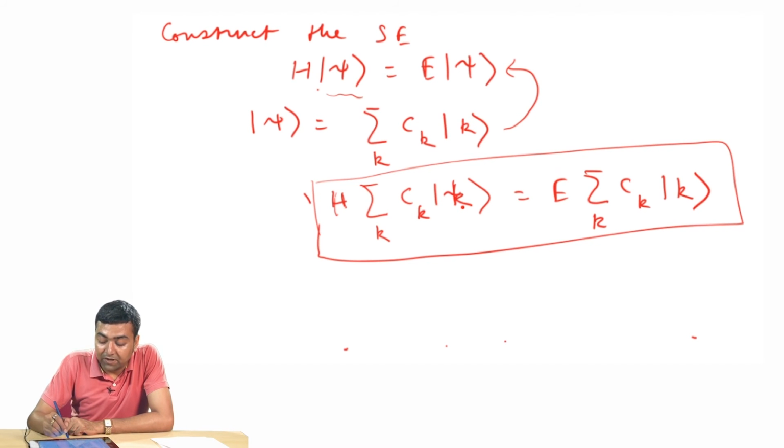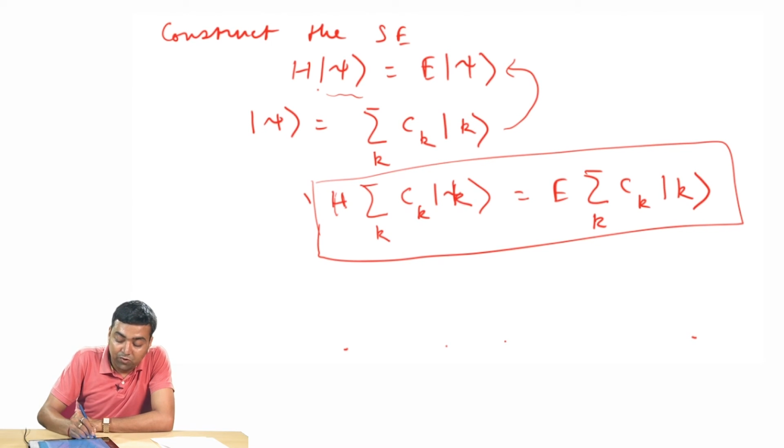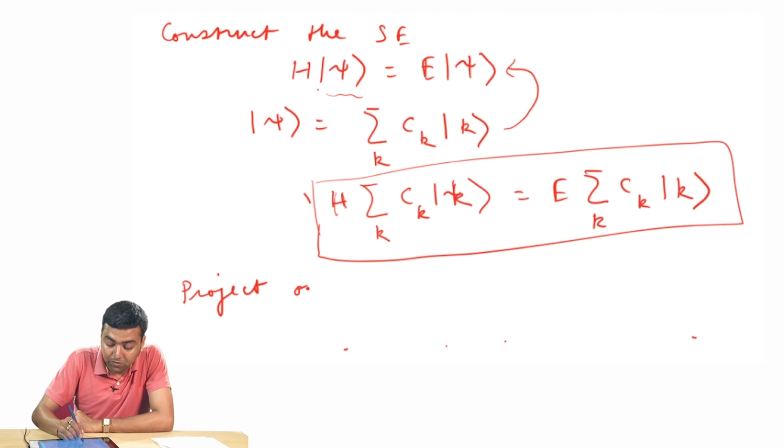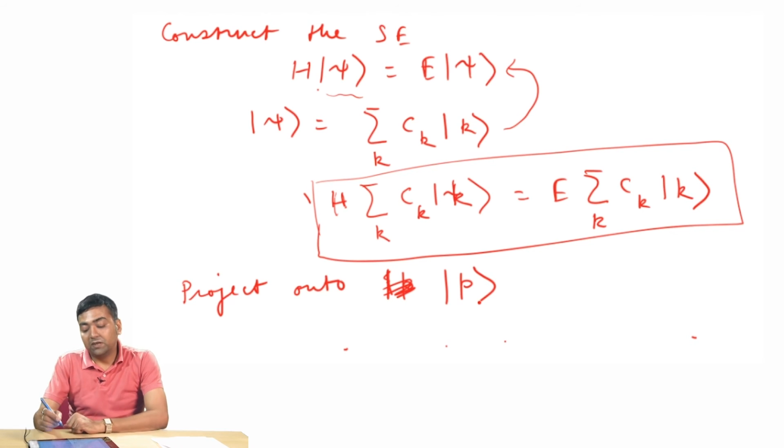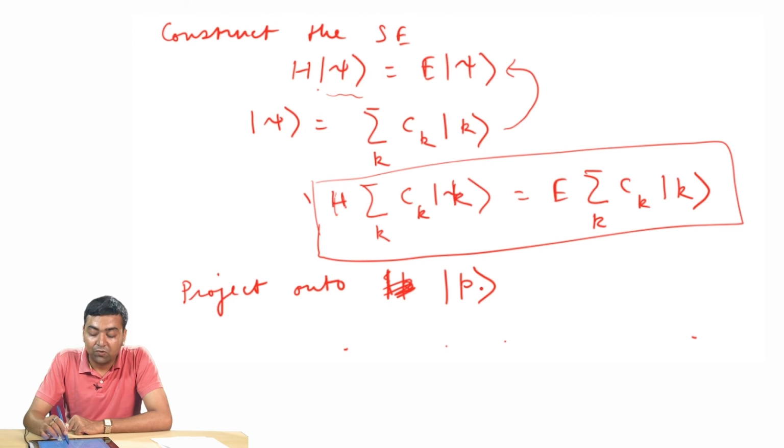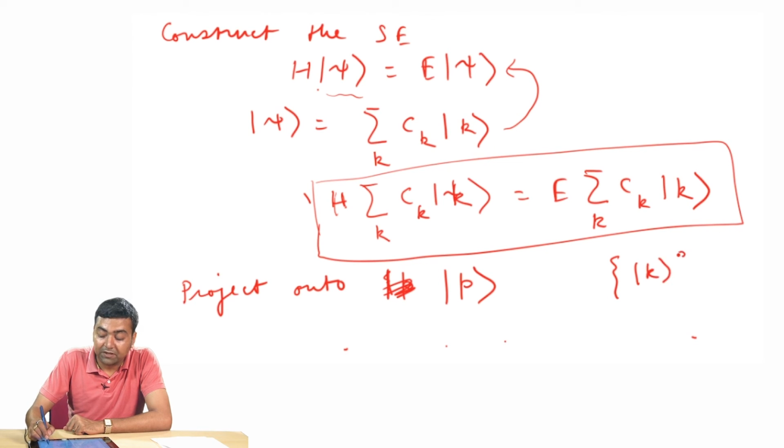So, the way to solve this is to project your equation onto an arbitrary state P. This P, remember, belongs to one of the states contained in this family of states k.